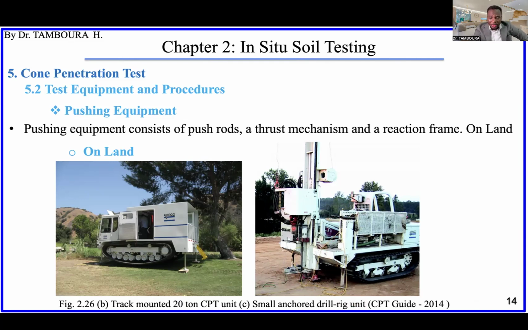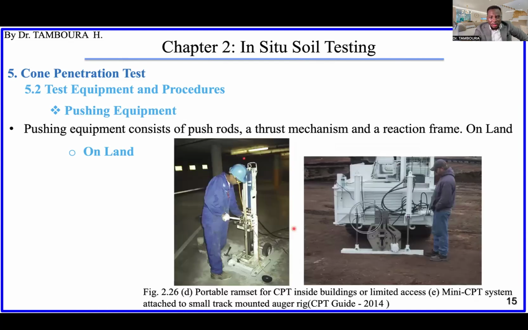There are many models, many types. This one is a portable one for CPT, for example, inside a building. You can see it's very compact, very small. So you can do it in the basement, for example, or any place where you don't have enough space, inside a building, or with limited access.